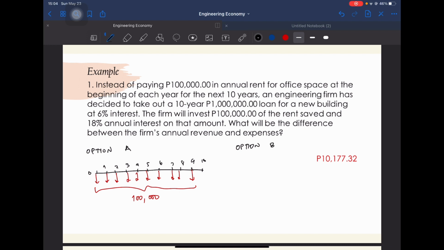Option B, meron silang 1 million peso loan, 1M. Tapos binabayaran nila yan. Let's assume na everything is due at the beginning of every year.